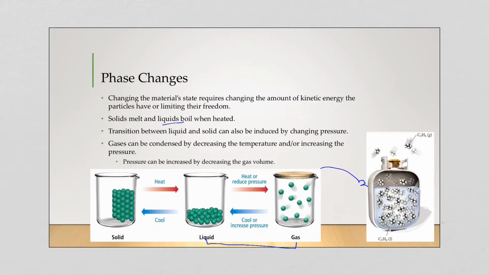Okay, so we can use primarily temperature, but also pressure can be used to go in and out of these different phases. So we're going to talk more in detail about these phase changes. Now we are going to go into most detail on vaporization and condensation, the gas-liquid interchange.